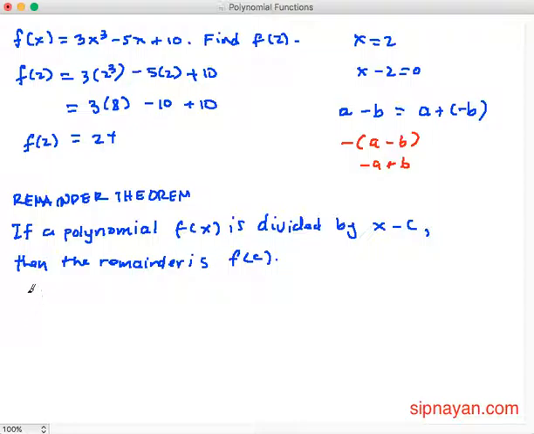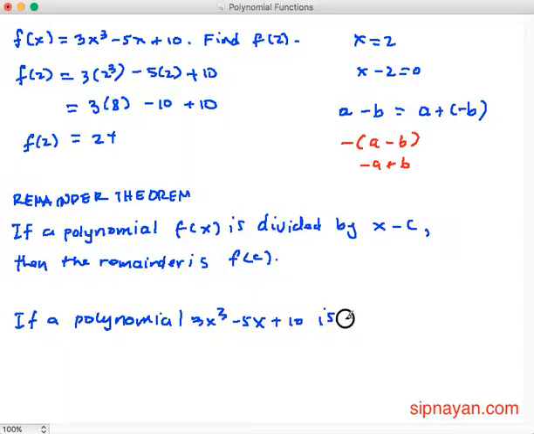Kung intindihin natin to, no? Pwede nating sabihin that if a polynomial, no? Ano yung f of x natin dito? This is 3x cubed minus 5x plus 10, no? Is divided by ano yun?